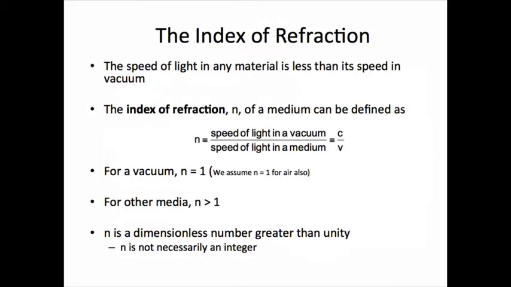We find the refractive index of a material by comparing the vacuum speed of light to the speed in the medium. Now, the refractive index of vacuum is 1, of course, and any gas has a refractive index that is very close to 1. The bigger the refractive index in any other material, the more light has been slowed.